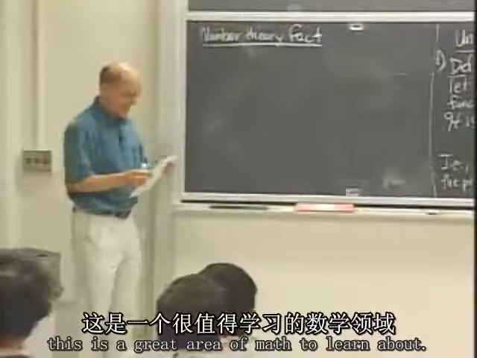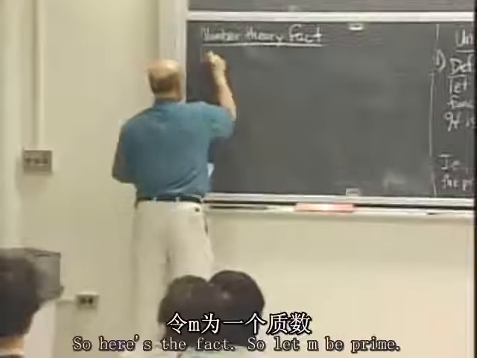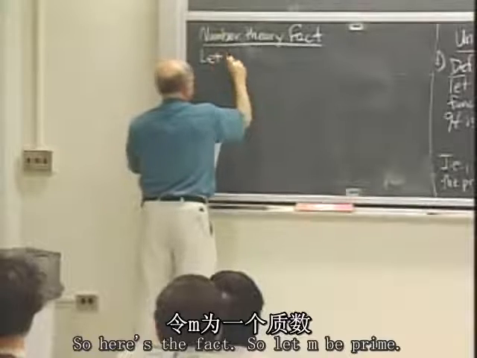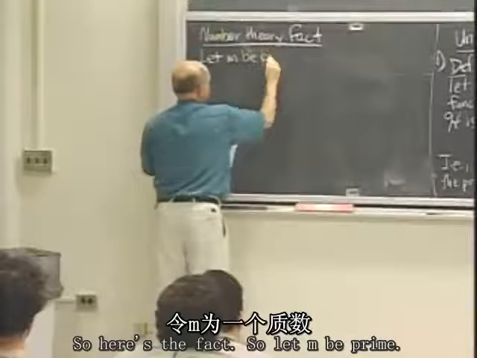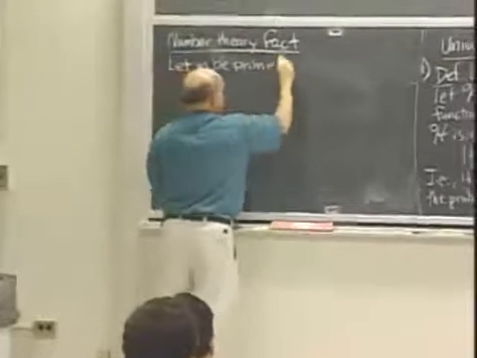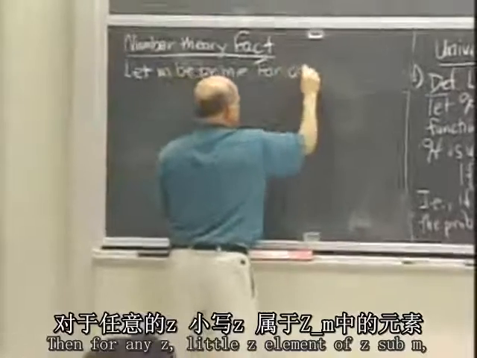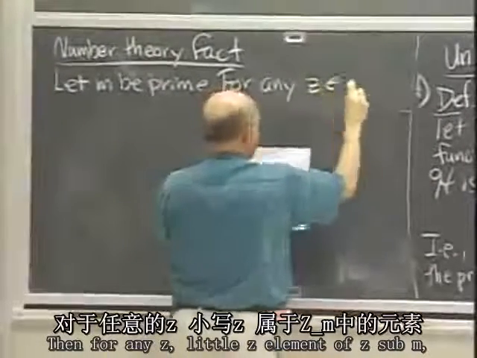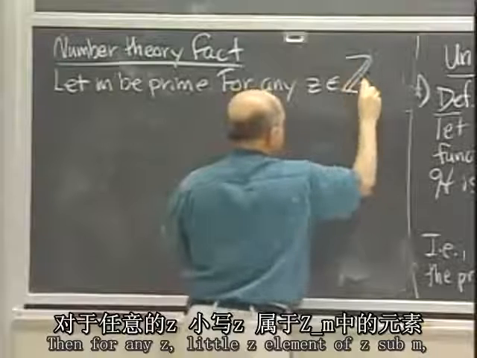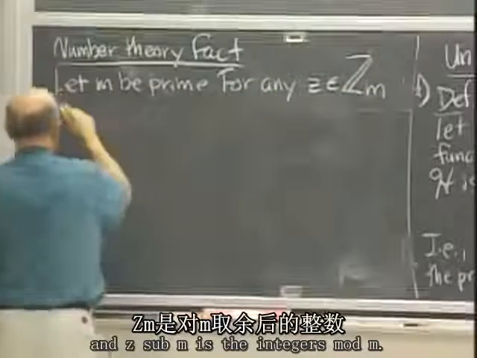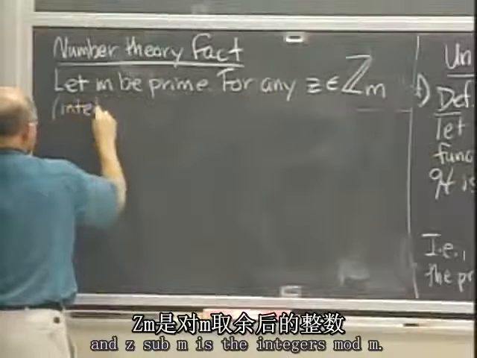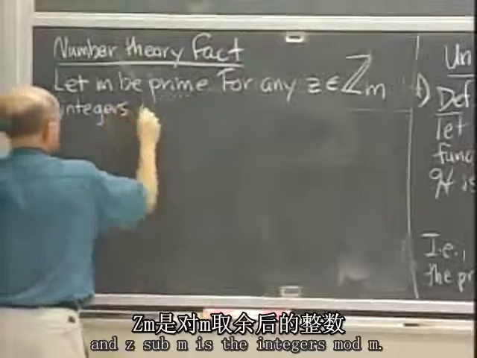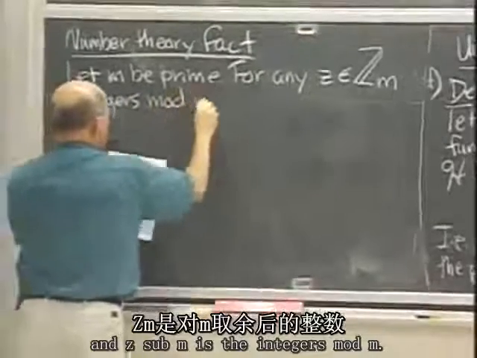Okay. So here's the fact. Let m be prime. Then for any z, little z, an element of Z sub m, and Z sub m is the integers mod m.